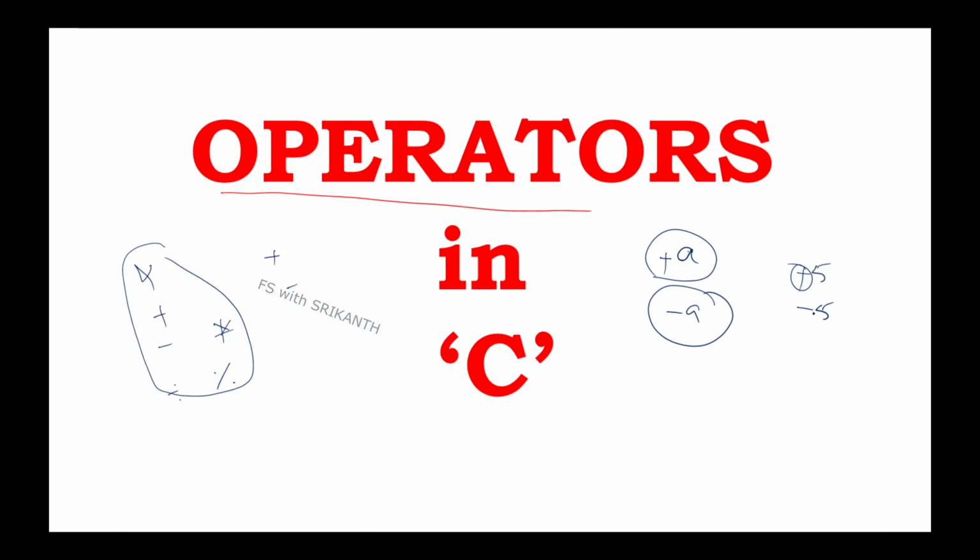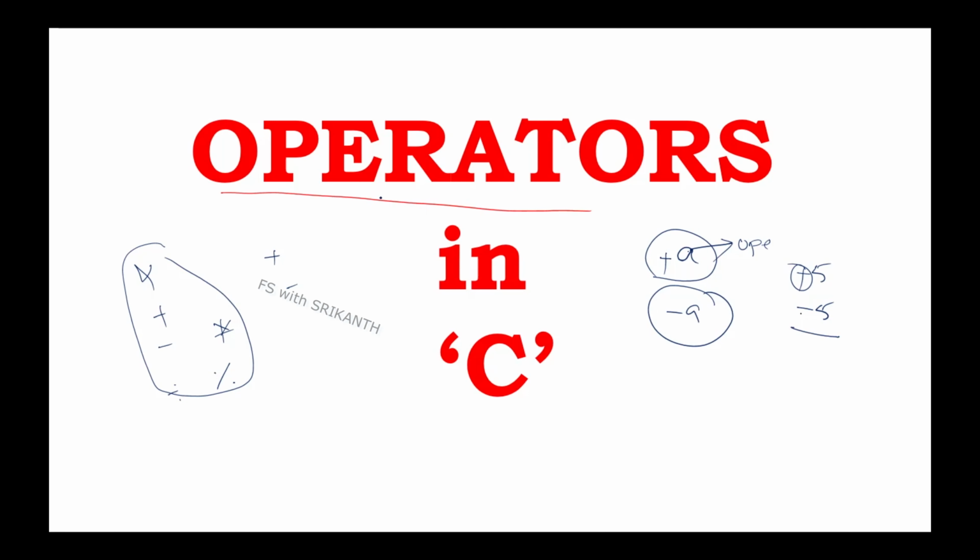This operator has only one operand: the left side has one value, right side nothing. This type of scenario we call a unary operator. One operator performed with only one operand is a unary operator. Operand in the sense variable.